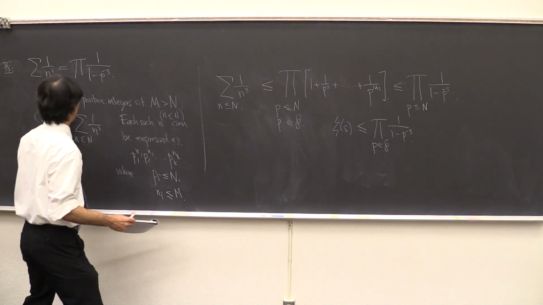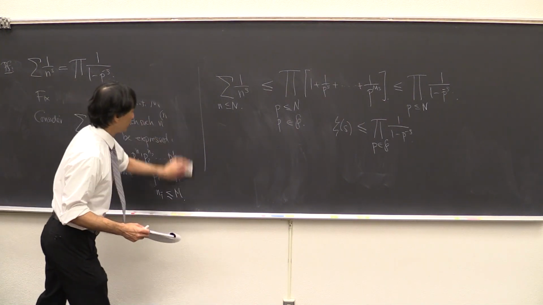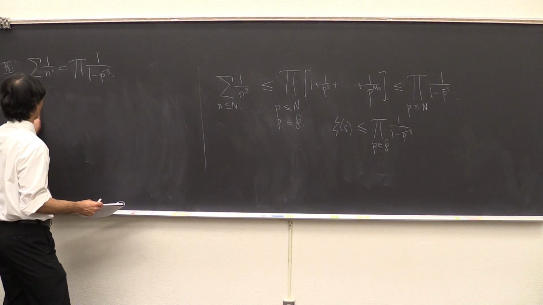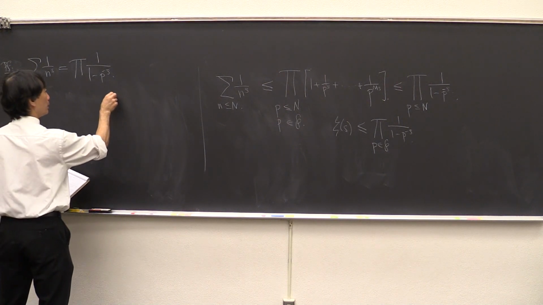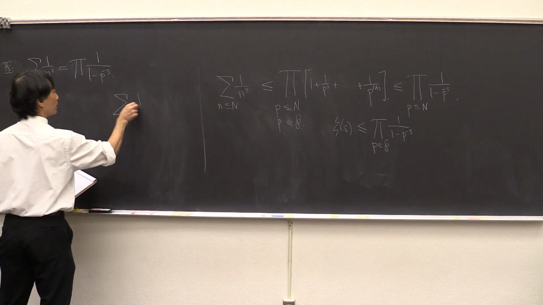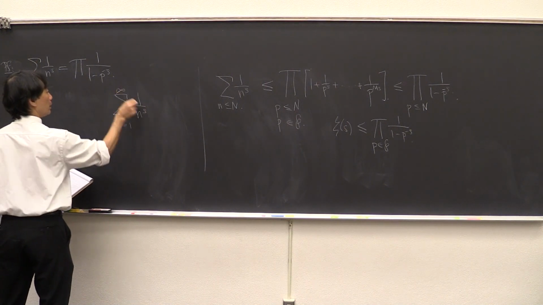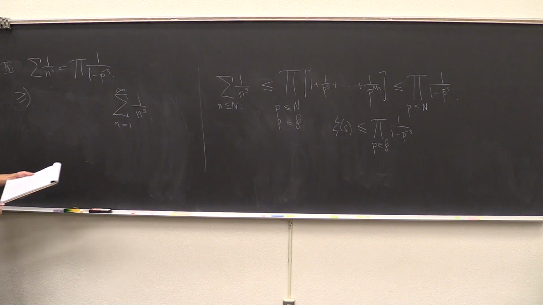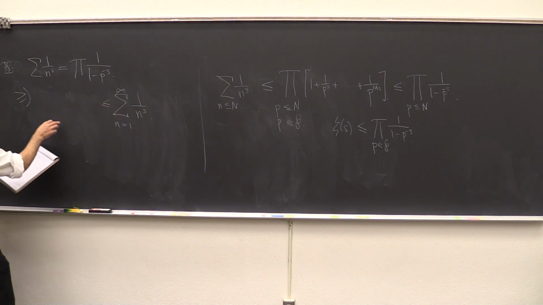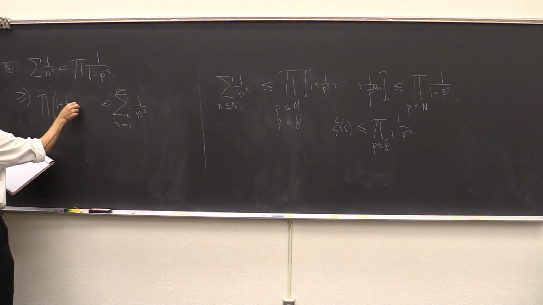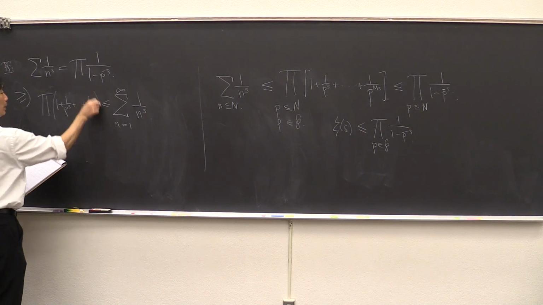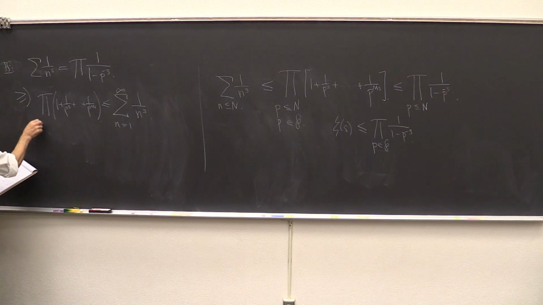Okay. So in the opposite direction, we do something very similar. We say, well, look, if we consider the full-blown zeta function, that's going to be greater than or equal to the product up to m, again for p less than or equal to m, right?